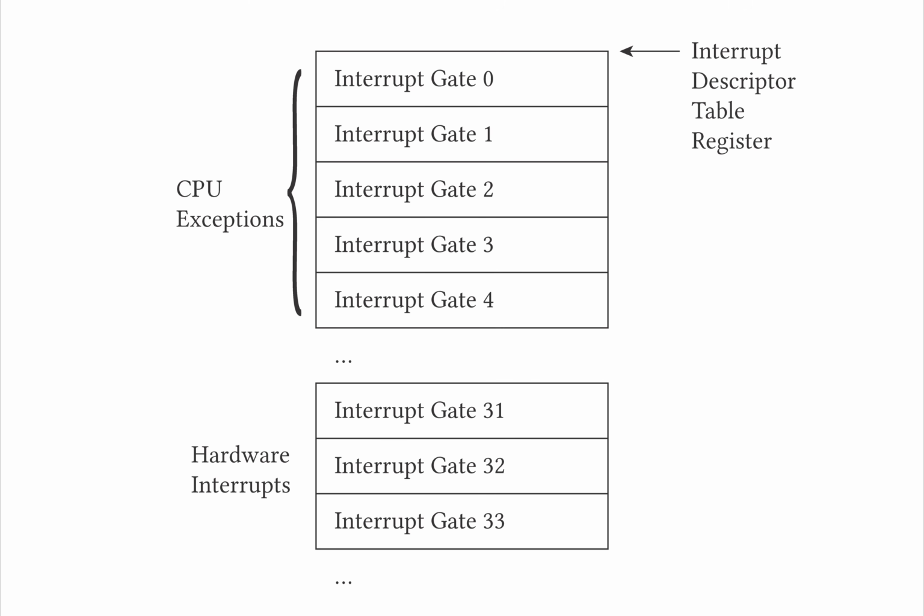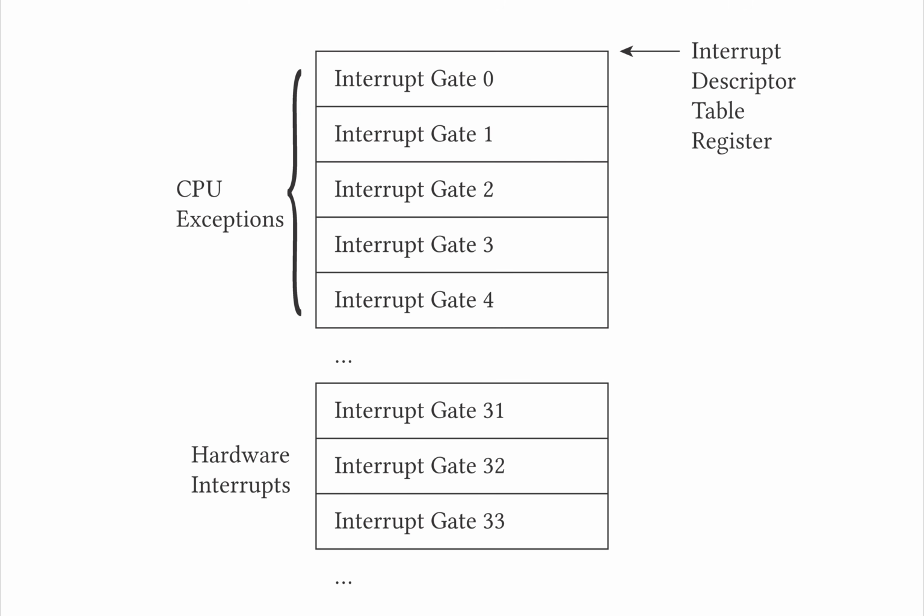We want to add the 32 offset onto that. So if it gets an interrupt from source number 1, then the PIC will add 32 to that. One plus 32 is 33, and then the PIC will present interrupt source number 33 to the 386.